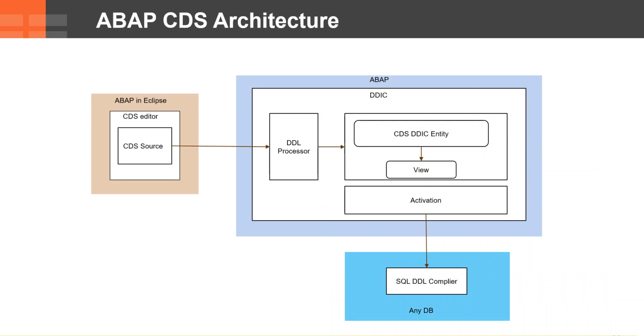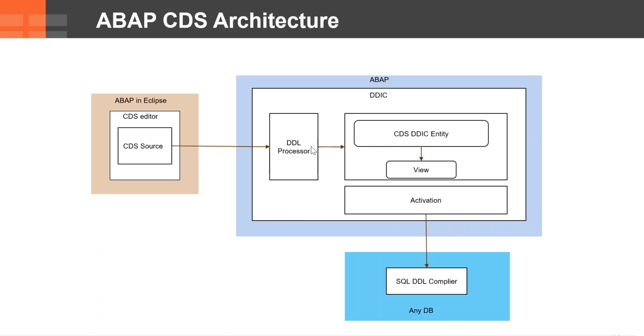What is CDS architecture? The CDS architecture is: you will create a CDS view in ABAP in Eclipse or ADT, or even in the ABAP perspective in HANA Studio. You will create a CDS view. So there is a CDS editor. When you define your CDS view, it will go to the dictionary.